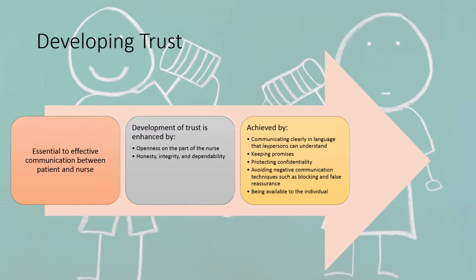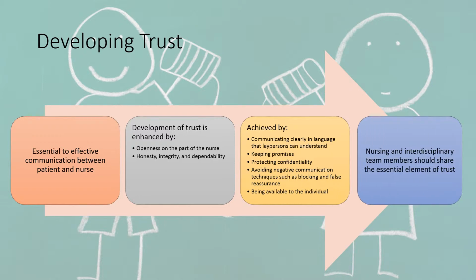Trust can be achieved by communicating clearly in a language that laypersons can understand, keeping promises, protecting confidentiality, avoiding negative communication techniques such as blocking and false reassurance, and being available to the individual. Nursing and interdisciplinary team members should share the essential element of trust.